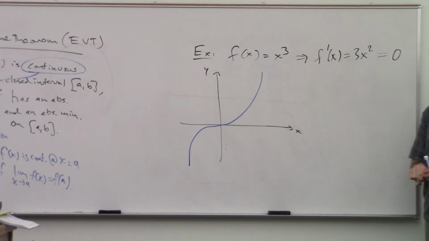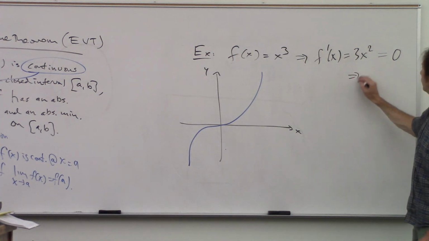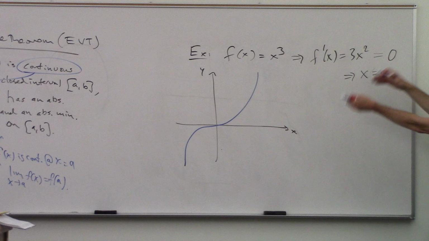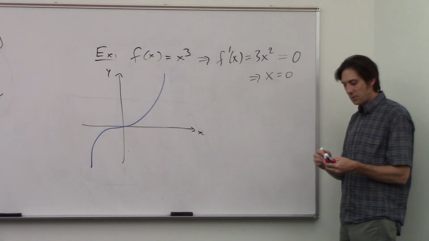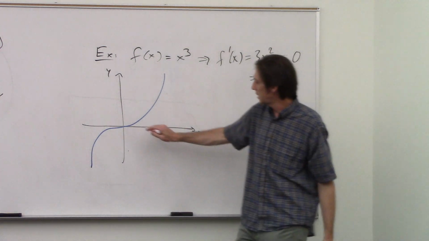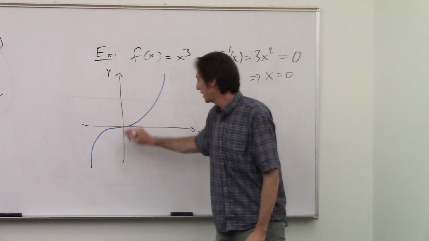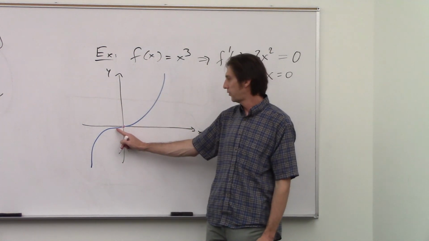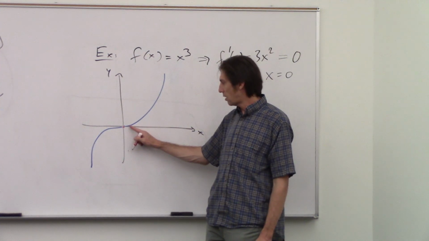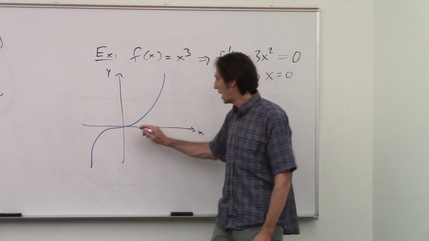And if I set that derivative equal to 0, it turns out that x equals 0. Right, so I took the derivative, I figured out where the derivative equals 0. And so I might think that I have a max or a min at 0, but actually I don't.